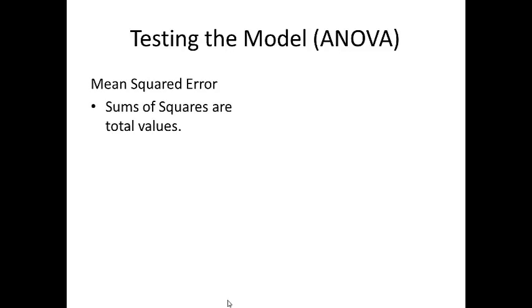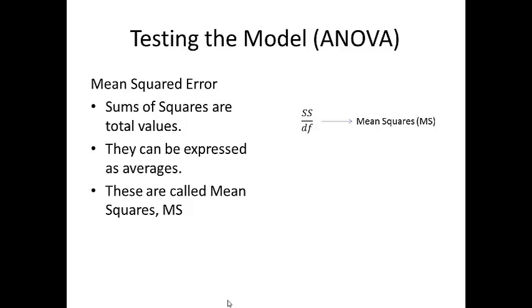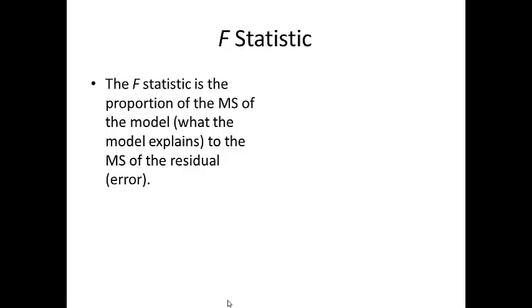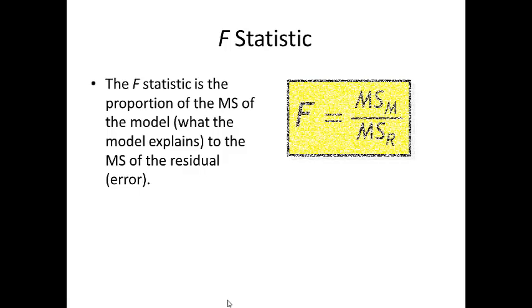You've seen this all before. You know how to calculate mean squares using the sum of squares. Thankfully, in this course, SPSS is going to do it for us and produce an Anova. The F statistic is the proportion of the mean squares of the model, in other words, what our model explains or our fit line, and the residual, or the amount of error in our model.